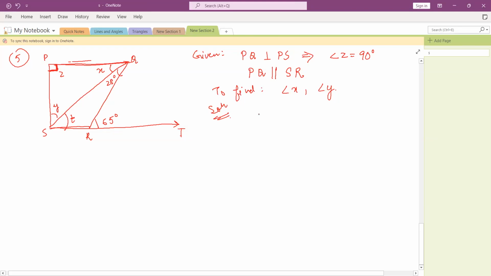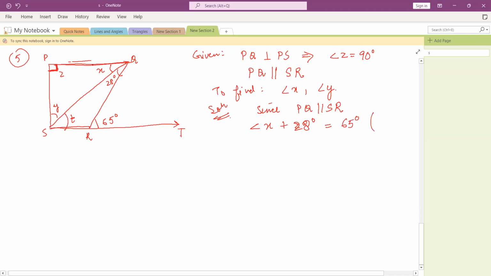Now, use this important information. Since PQ is parallel to SR, since lines are parallel, alternate angles are equal, right? So I'm writing it directly. Angle X plus 28 degree will be equal to 65 degree. Why?